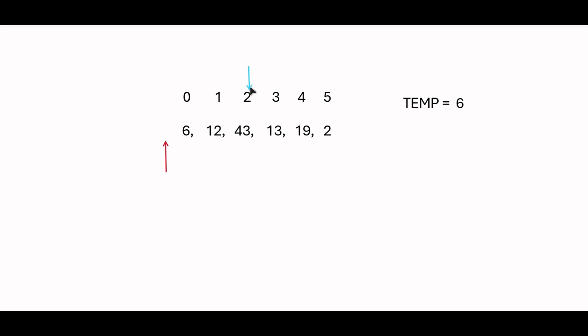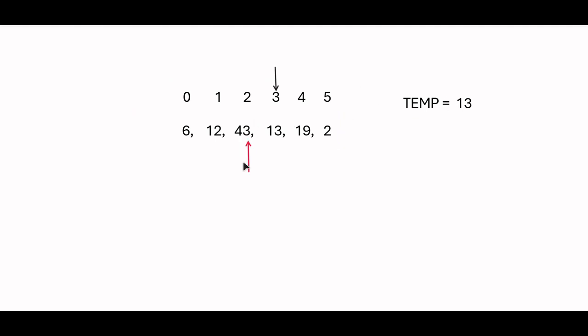The next iteration, the outer loop continues with subscript 3, and temp will store whatever is in subscript 3, so that is 13, and j will start from the value just before k. So k is 3, j will start with subscript 2, and now temp and the jth element are compared.